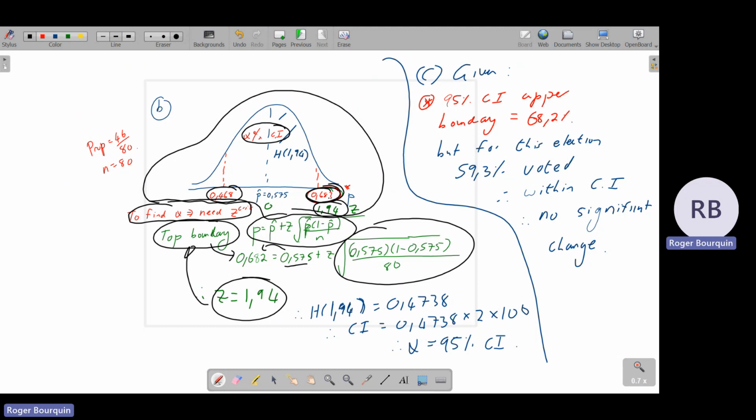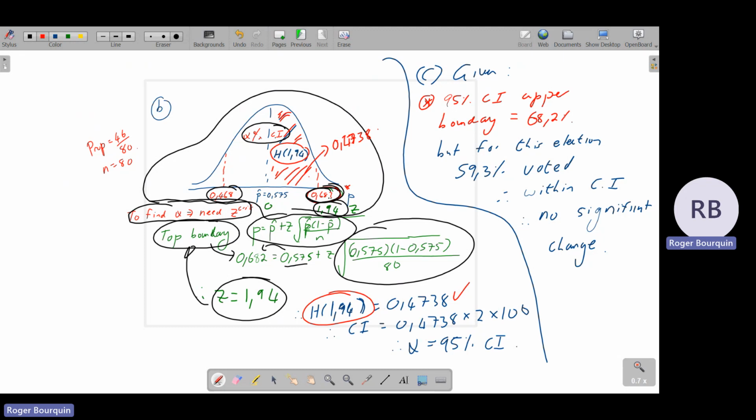So this area over here on our diagram represents the probability for 1.94. I'll go to my table and look up 1.94. If you look it up, you see that this area over here is 0.4738.